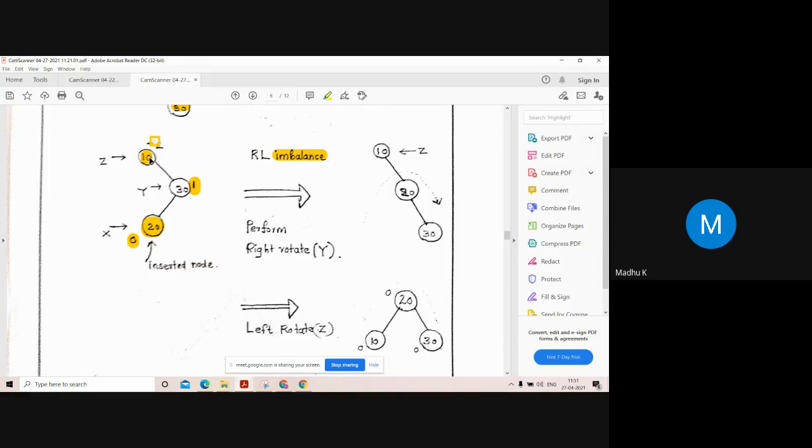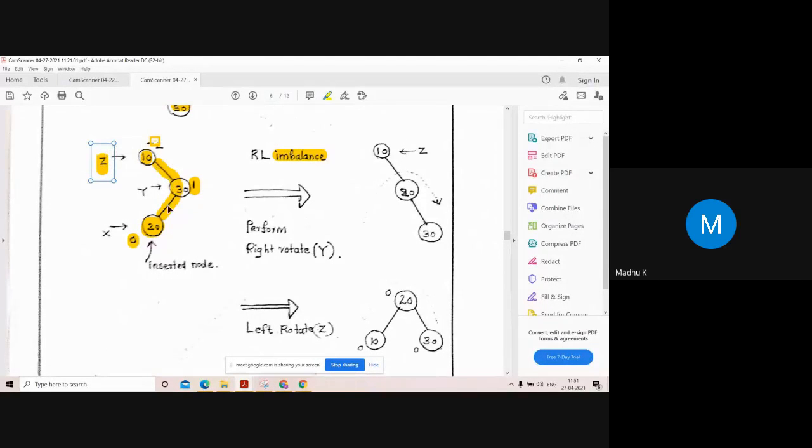I took this imbalanced node as z. Then this child, this node, is inserted here. So I follow this path, and I return to this imbalanced node as z.